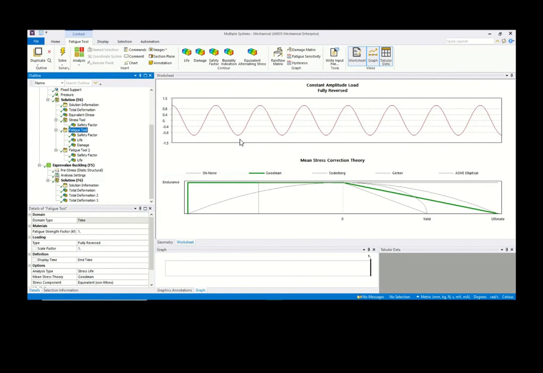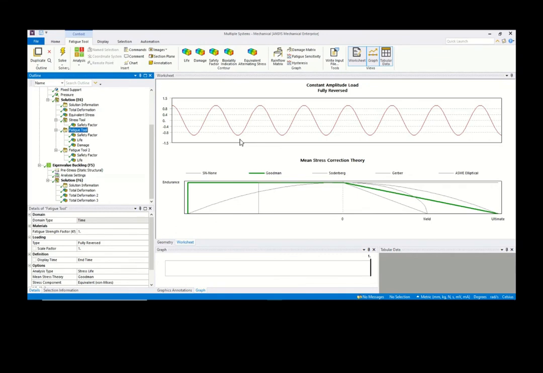That is without considering the dynamic effects. We just assume the equivalent stress is completely reversed.